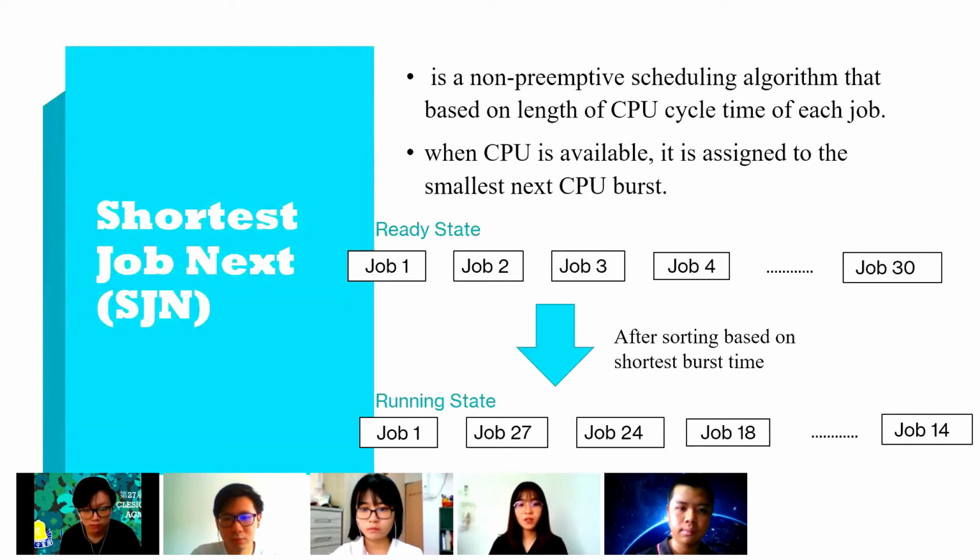At first, jobs arrive in the hold state and are placed in the ready state by the job scheduler. The job scheduler places job 1 into the running state to run the process with CPU and I/O instructions. After starting, based on the shortest burst time, job 1 is processed. Next, incoming jobs will be compared by the length of their CPU cycle in order to decide which job is to be run next.